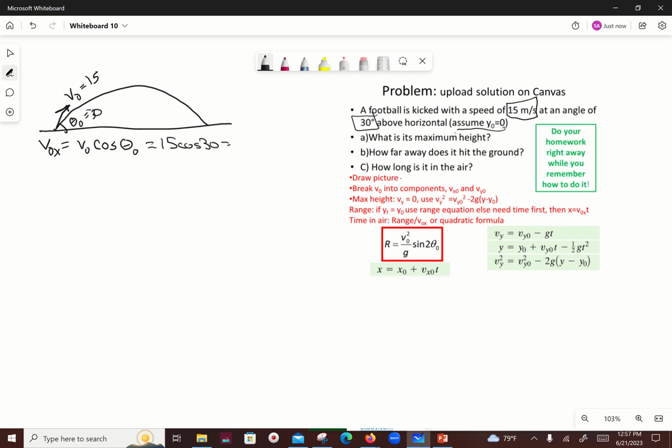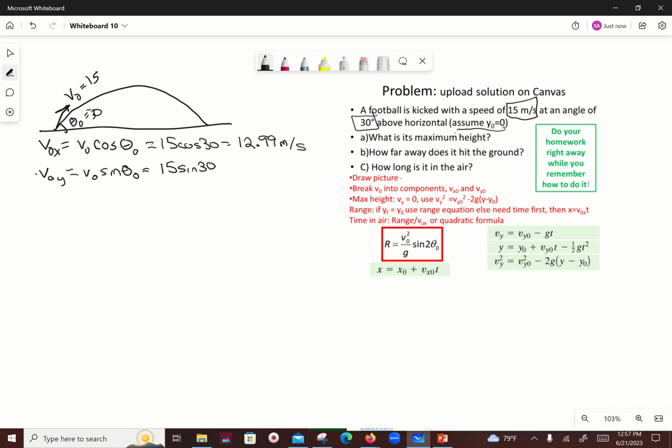And so if I put my numbers in, I get that V0x is 12.99 meters per second. I'm not going to round that off to 13 yet. Remember, I'm going to keep unrounded numbers. V0y is going to be V0 sine theta 0. You can see this is exactly the same as other problems. You're just going to plug and chug.